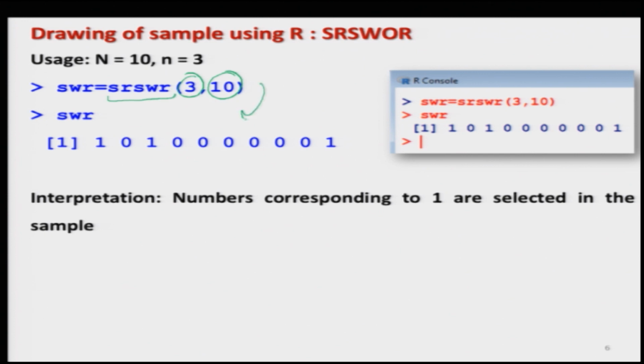Now this will give you an outcome like this one. You can see here this is the screenshot. Here also the interpretation is the same, that the numbers corresponding to 1 are selected in the sample. So y1, y3 and y10 are selected in the sample, and I am storing these values as the SWR vector.